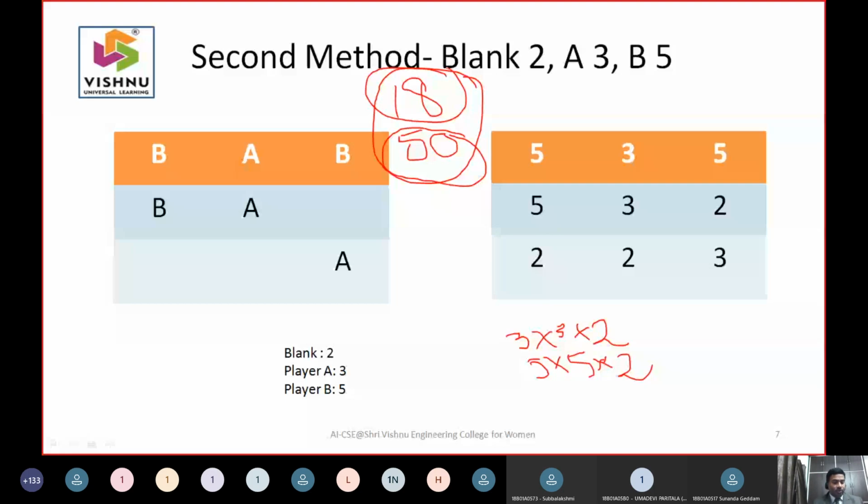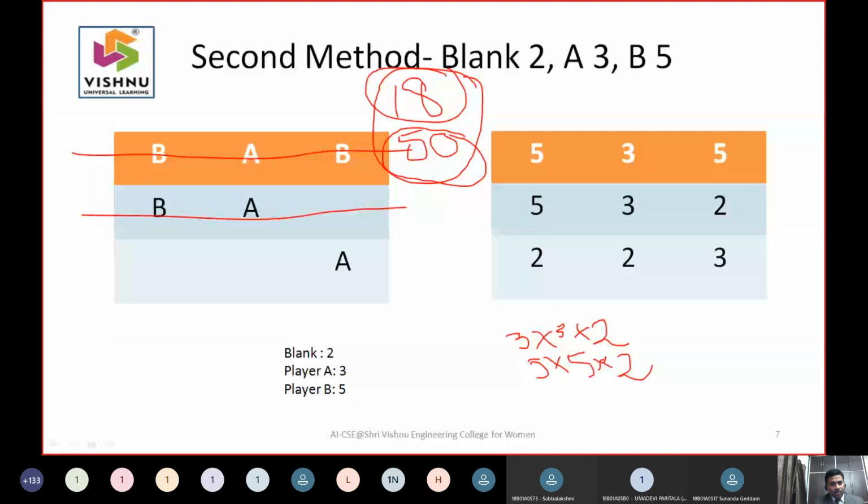Why do we need to, for every step, compute 8 values? Yes, what you said is right. 8 values means row wise, you have to compute 3 values.